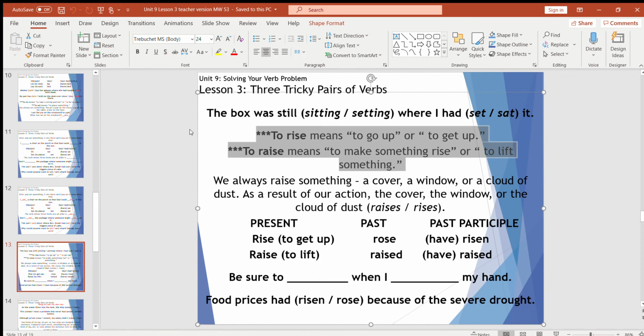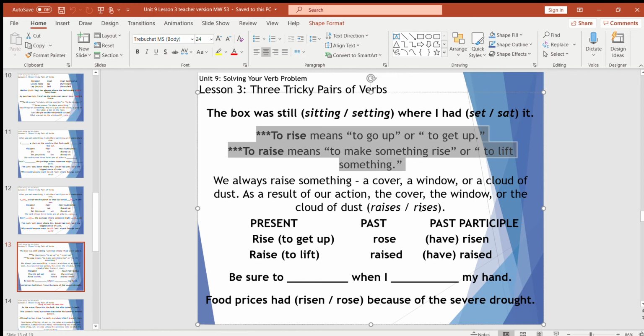So we always raise something, whether it be a cover, cloud of dust, a window, whatever it is that you are raising as a result of our action. The cover, the window, or the cloud of dust rises. It rises, right? Because it does it to itself.